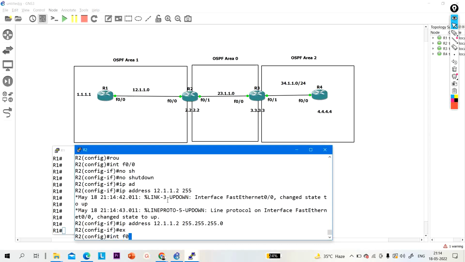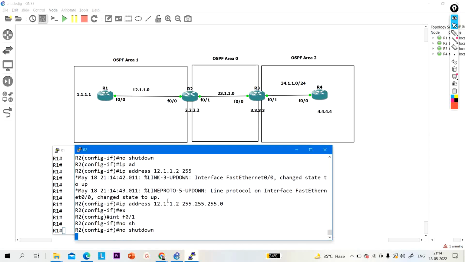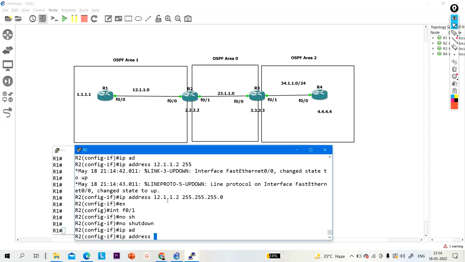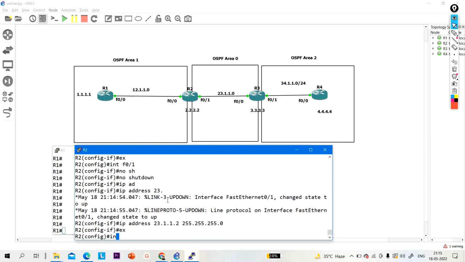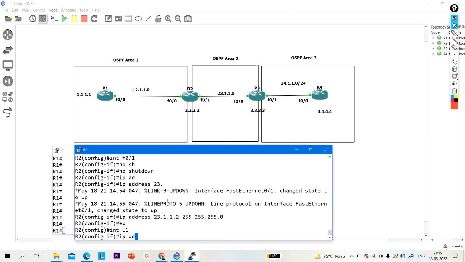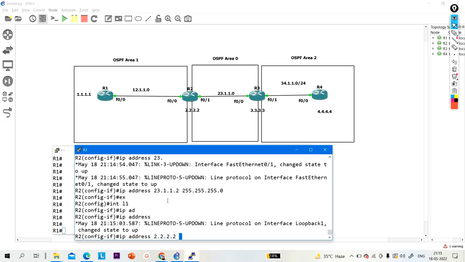Interface FastEthernet 0/1, no shutdown, IP address 23.1.1.2 255.255.255.0, exit. Interface loopback 1, IP address 2.2.2.2 255.255.255.255.